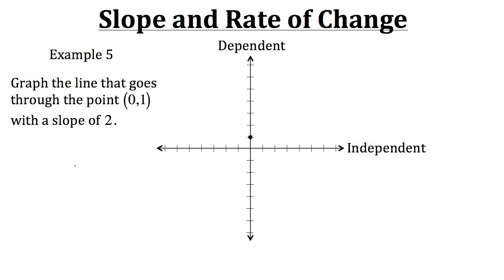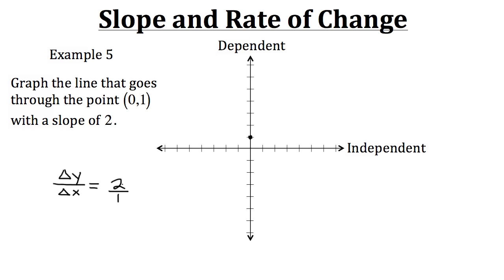Now if you remember, slope represents how y is changing at the same time that x is changing. For us, they're saying that's 2. We could think of this as 2 over 1, because 2 divided by 1 is still 2. But this gives us more of a description of how our slope is behaving.